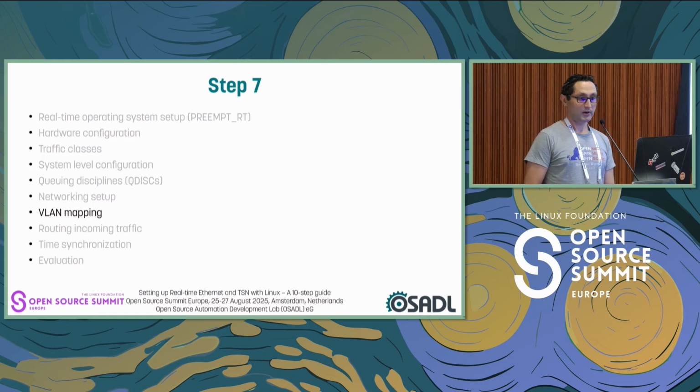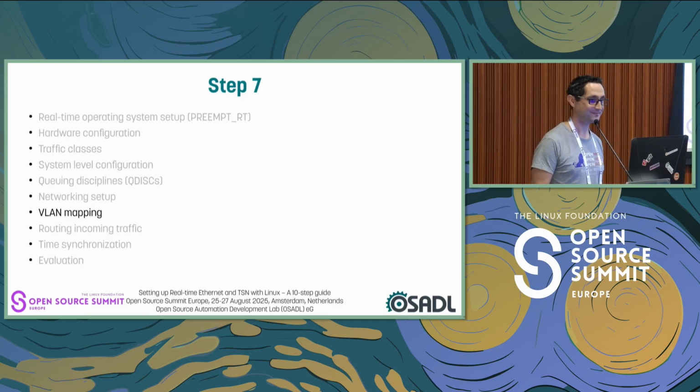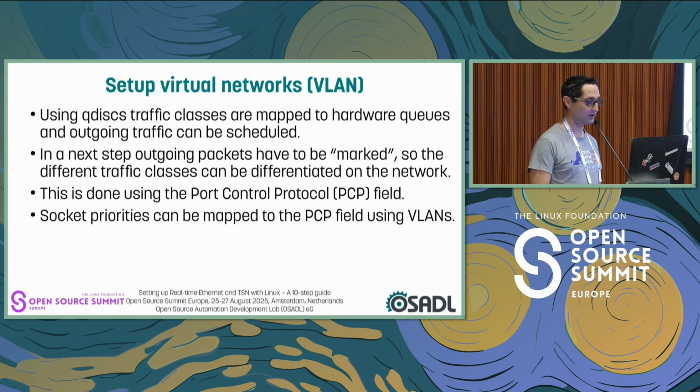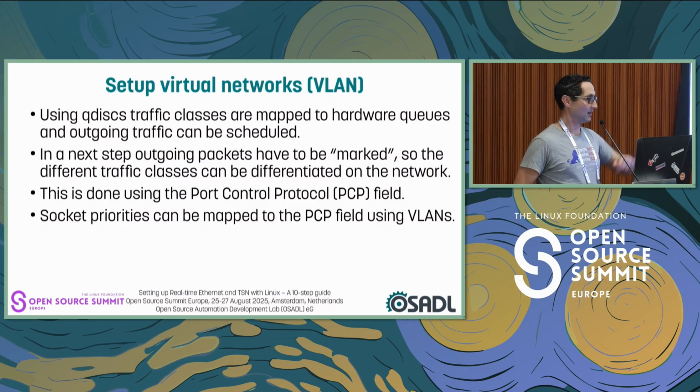But what is important right now, you might have guessed it, is one more mapping. We did already a lot of mappings before. The last mapping we need to do is the so-called egress mapping for the VLAN. So basically the idea is that with the socket priority, you can now also decide what the VLAN priority of a packet will be, right?